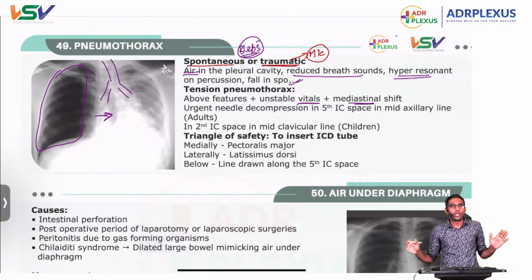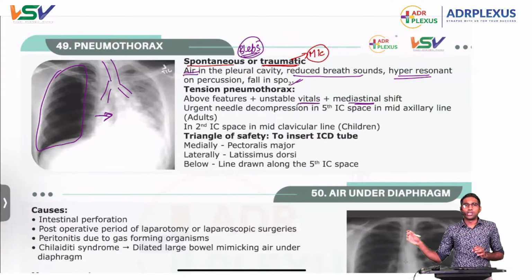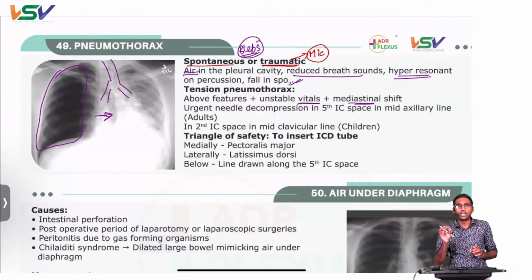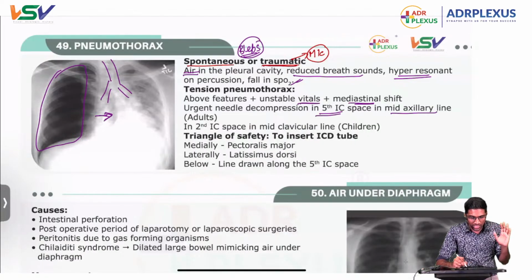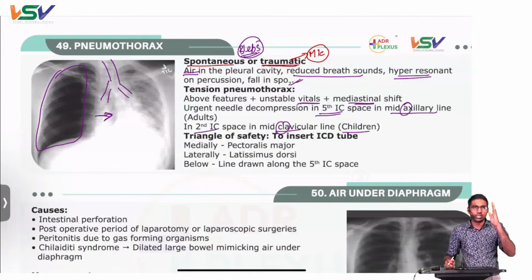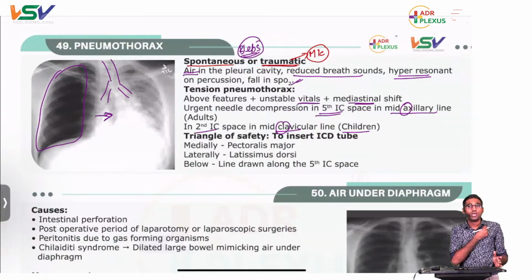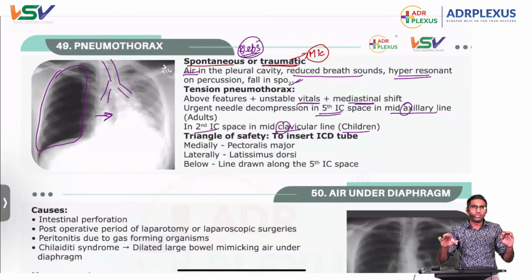Here you should not wait for an x-ray or anything, directly you should put a needle decompression. In adults, remember, fifth intercostal space, mid axillary line; in children, second intercostal space in the mid clavicular line, put a needle. You decompress, relieve the vitals, completely stabilize them, then finally you put the ICD.